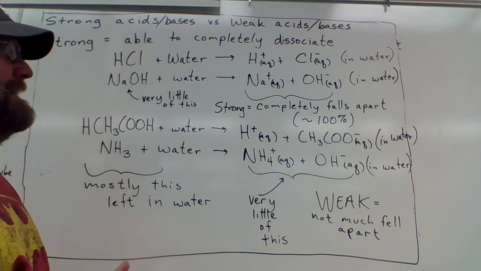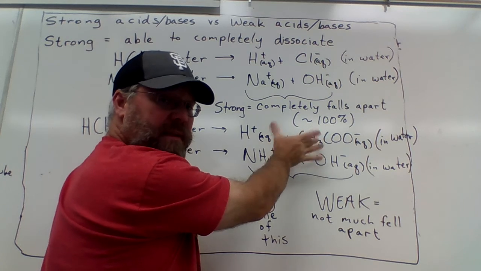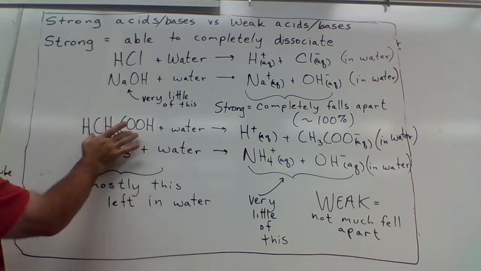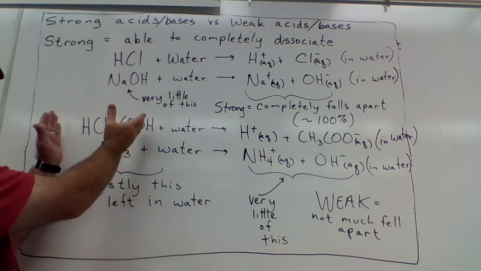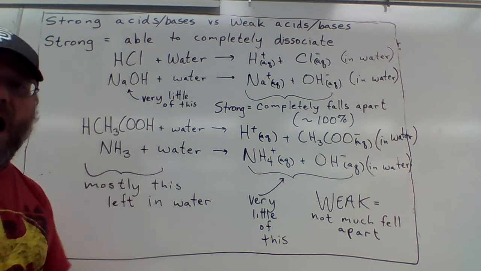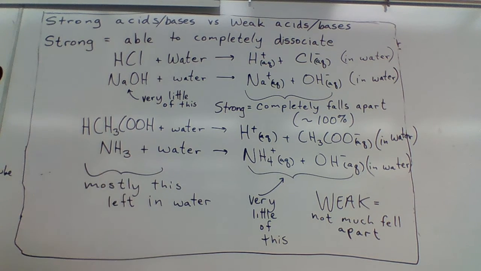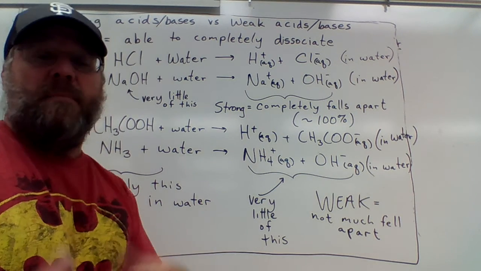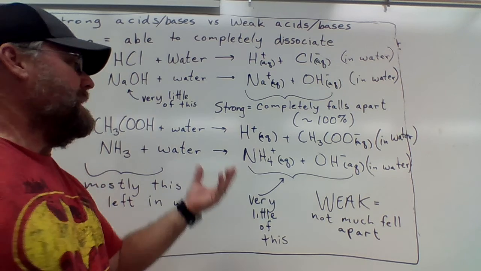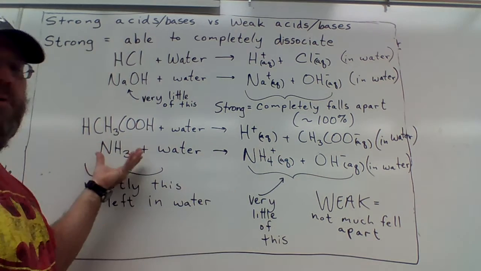And so the idea is that we'd have one of these splits occur, and the other 999,999 would stay undissociated. Okay, ammonia, kind of the same thing. It goes into water. It would fall apart into NH4+ and OH-, but being a weak base, we get far less of this and far more of this.